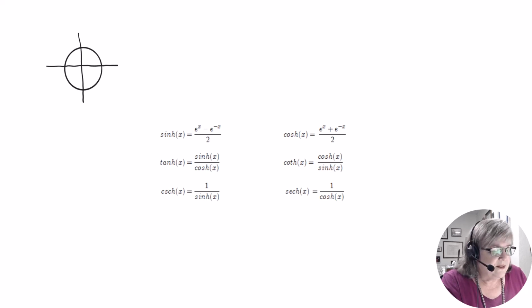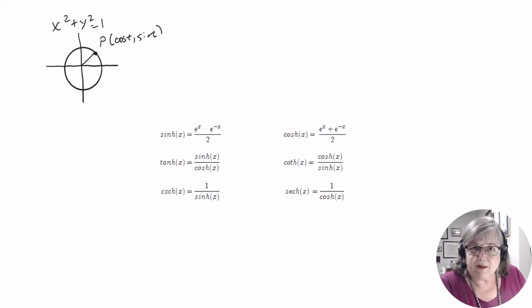All right, so then what you had is a point that was based on cosine and sine as you went around, right? And this was based on x squared plus y squared equals 1, the Pythagorean theorem: sine squared theta plus cosine squared theta is equal to 1.